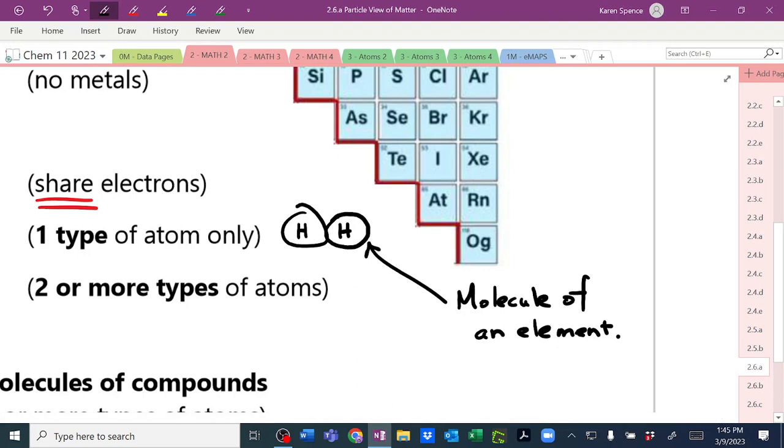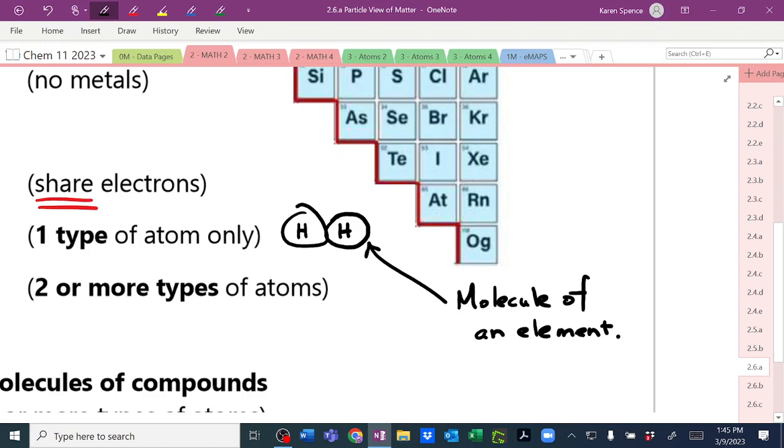But there's only one type of atom, so it's still an element, but it's a molecule of an element. What if you have 2 or more types of atoms? What do you have? 2 or more types of atoms gives you a compound.